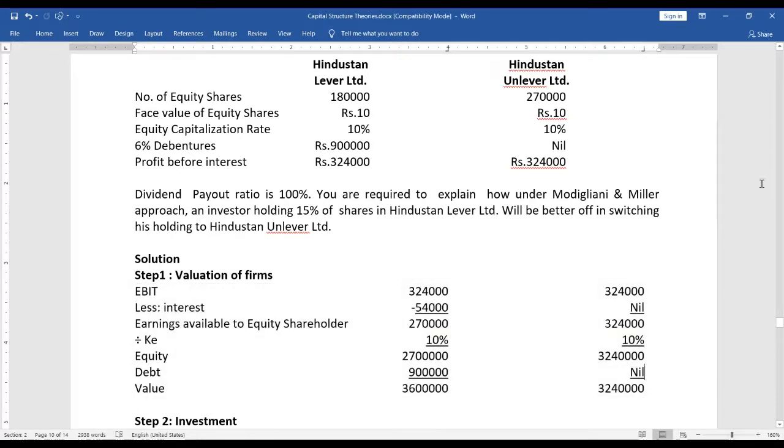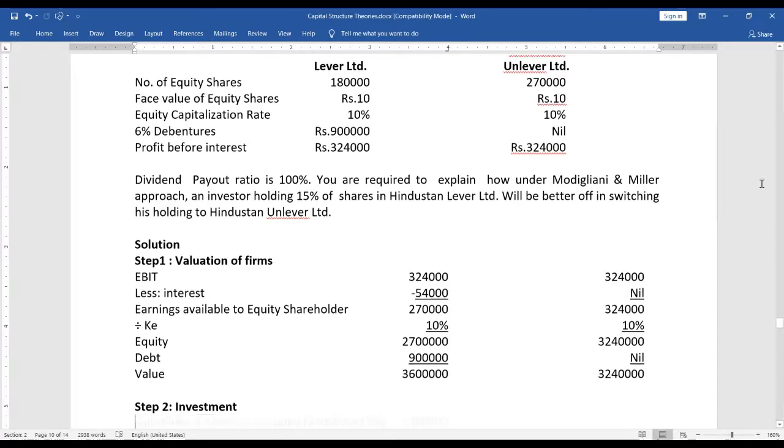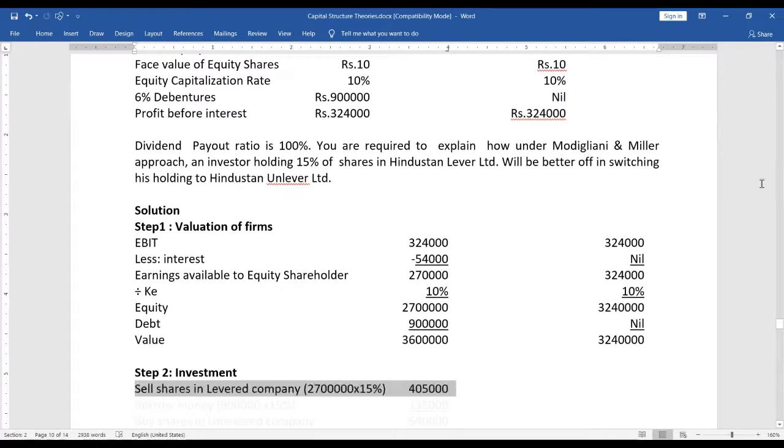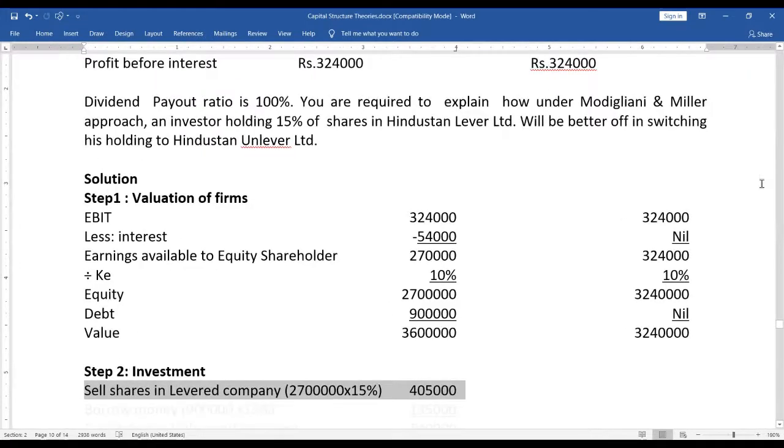So the values are 36 lakh and 32 lakh 40,000. It means that the levered firm has higher value. You should sell your shares from the levered firm and buy shares in the unlevered firm. When you sell shares in the levered company, 27 lakh into 15% of your holding will give you 4,05,000 rupees.